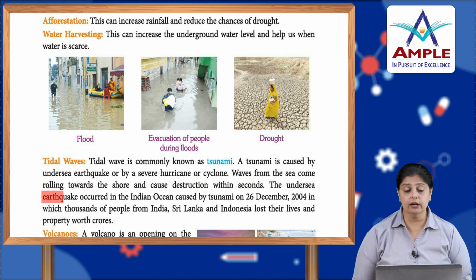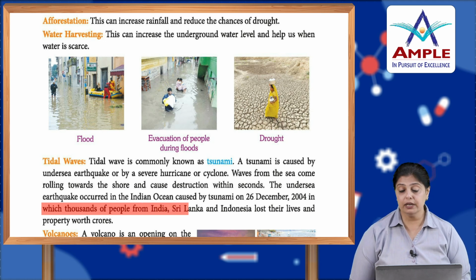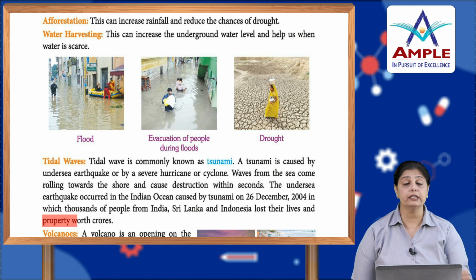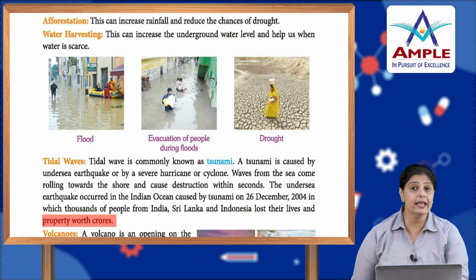The undersea earthquake which occurred in the Indian Ocean caused a tsunami on 26 December 2004, in which thousands of people from India, Sri Lanka and Indonesia lost their lives, and properties worth crores of rupees were lost. So, it can ruin everything in and around the sea.